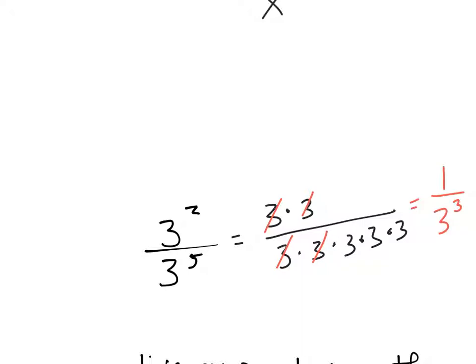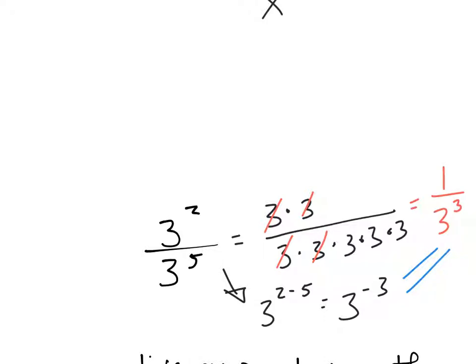Well, using the division property of exponents, we can also turn this into 3 to the power of 2 minus 5. And 2 minus 5 will give me negative 3. And since those two things are set equal to the same thing, then they must also be equal to each other. So 3 to the negative 3 power must be the same as 1 over 3 to the third power.